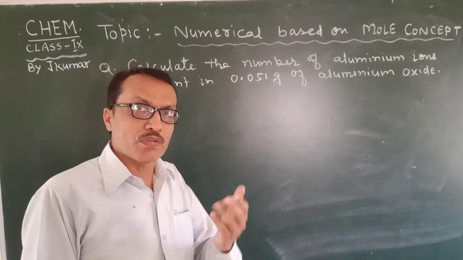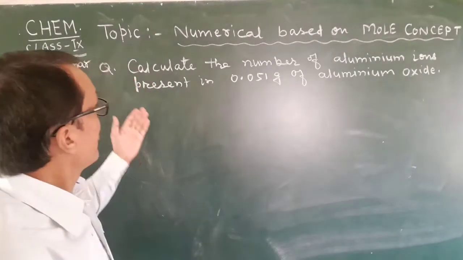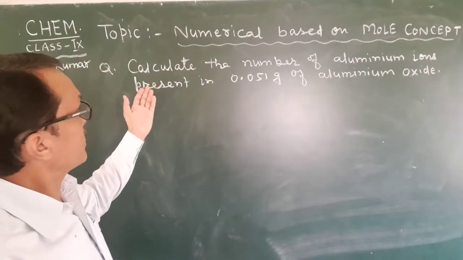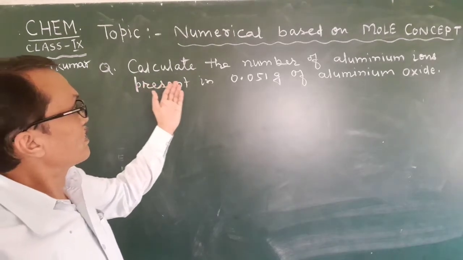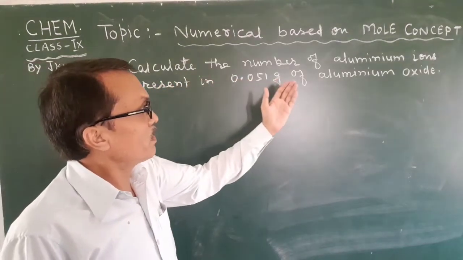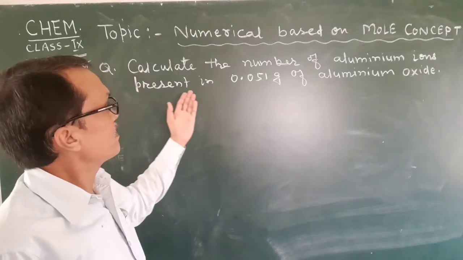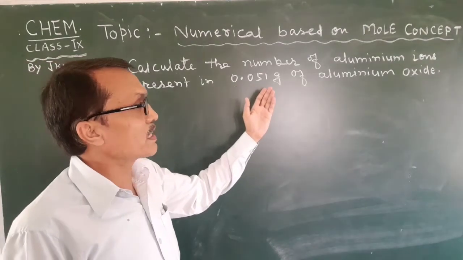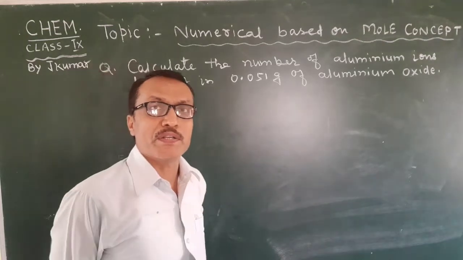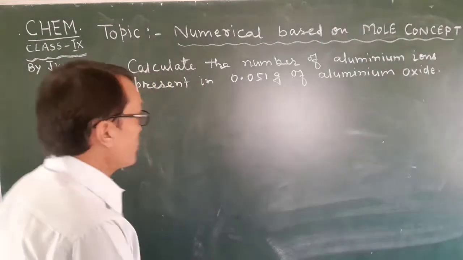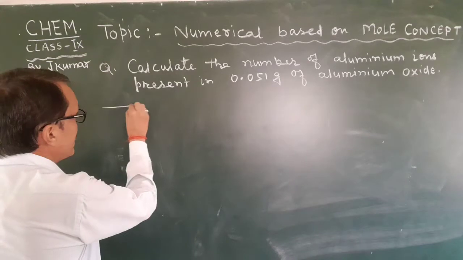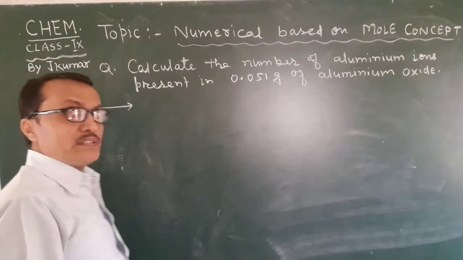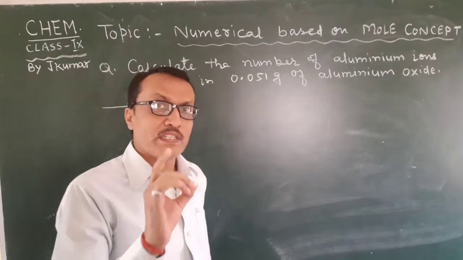First of all, students, let me say the question before you. The question is: calculate the number of aluminum ions present in 0.051 gram of aluminum oxide. First of all, we have to write whatever information has been given here.